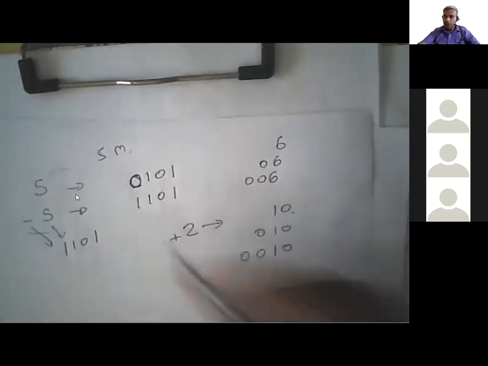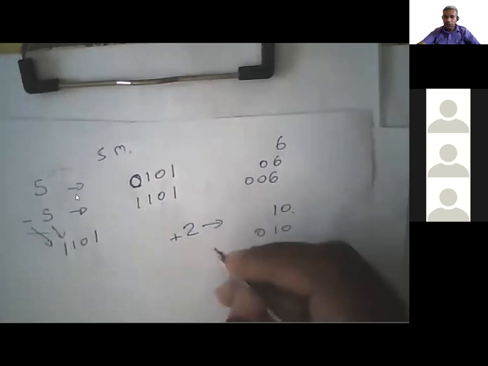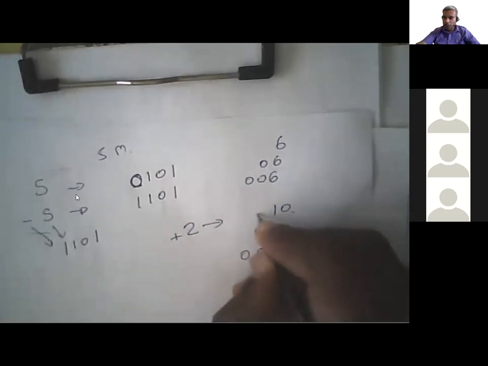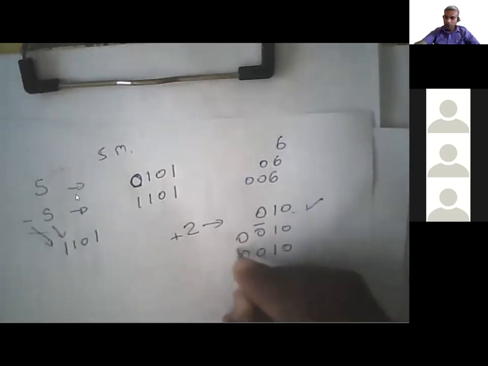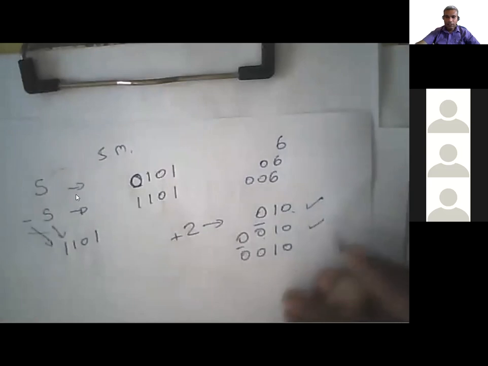And if you're using the sign and magnitude method, you have to add the sign to the front. So you can write this as sign bit 0, 1, 0, this is correct. Or you can say 0, 0, 1, 0, again this is correct. If you add another 0, this would be correct.